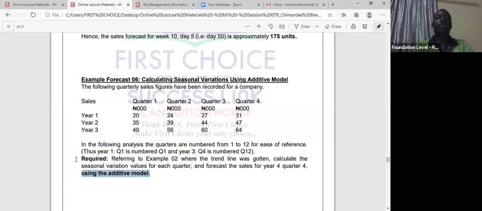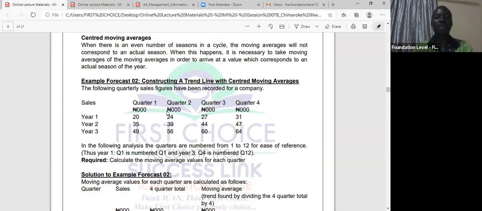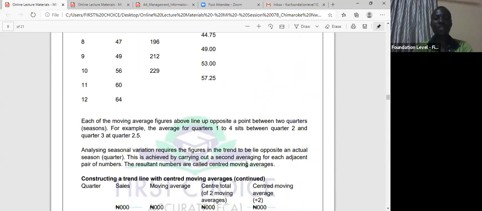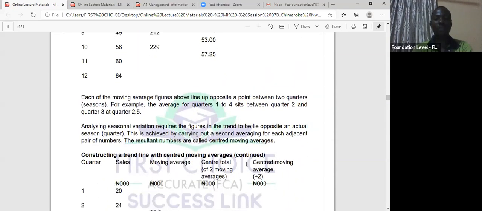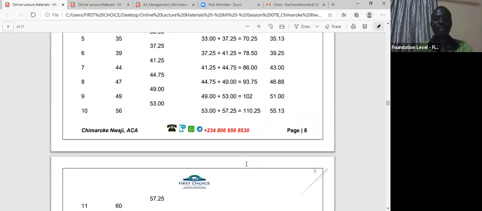model. Remember, in example 2, we forecasted the sale of year 4, quarter 4.